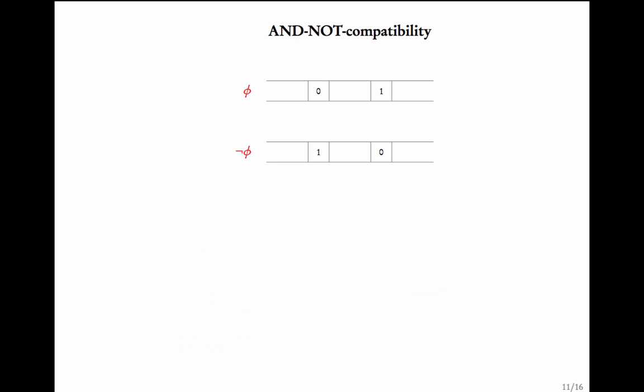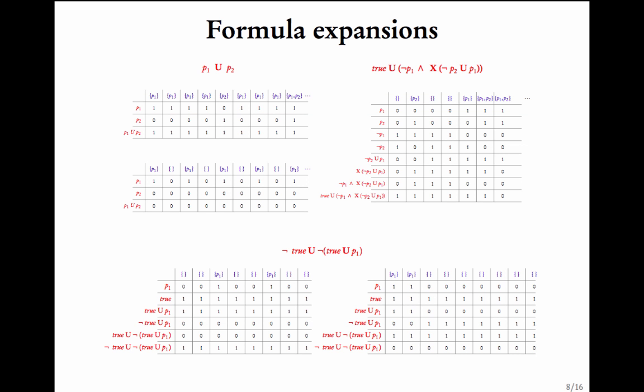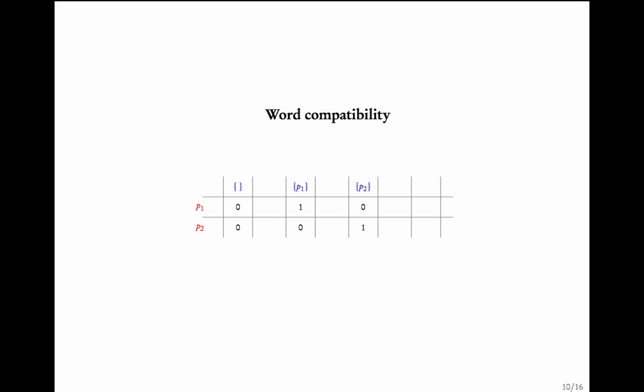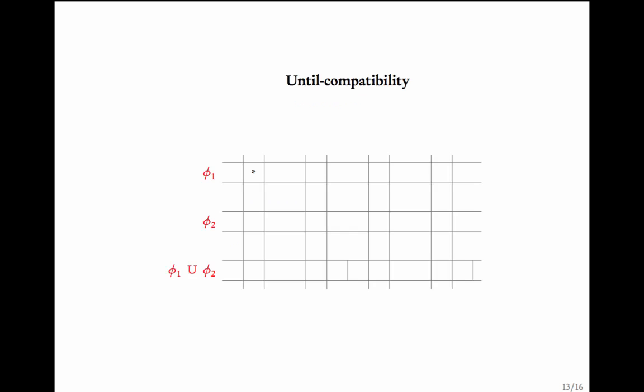Let's look at an expansion and see. See here 101, 101, 101, 101, and then you have 1, 1. Okay. If this is 1 and this is 1, sometime you will have P2 to be 1. This is the eventuality criterion.